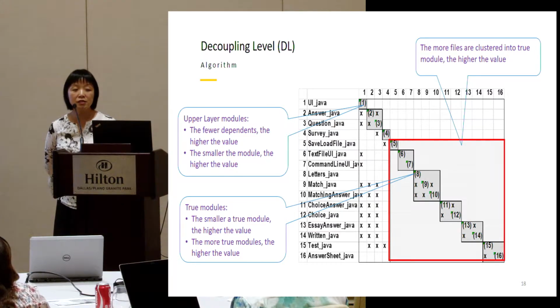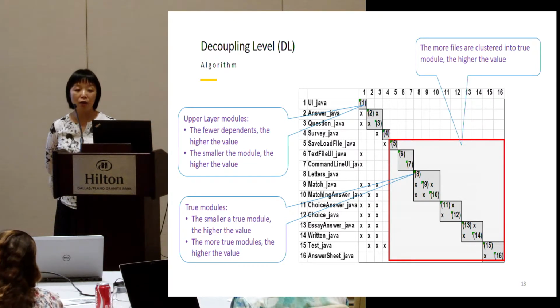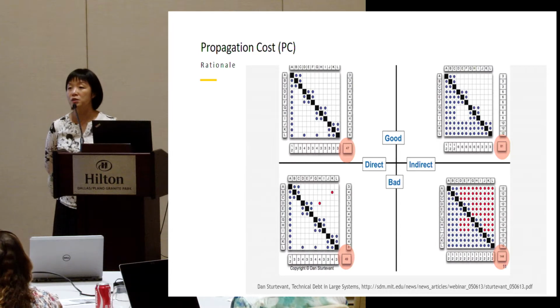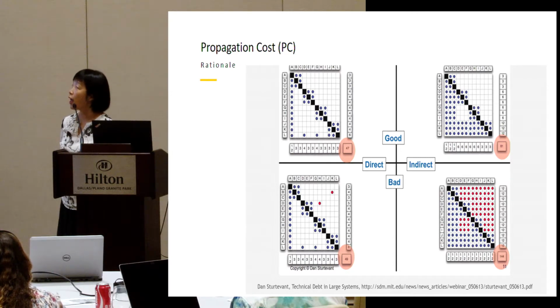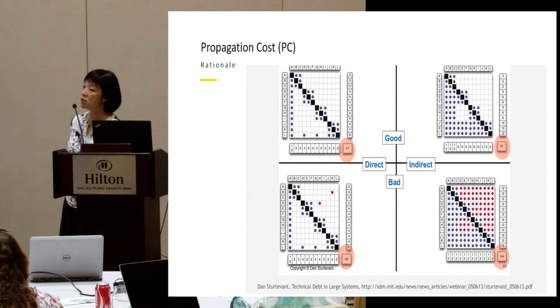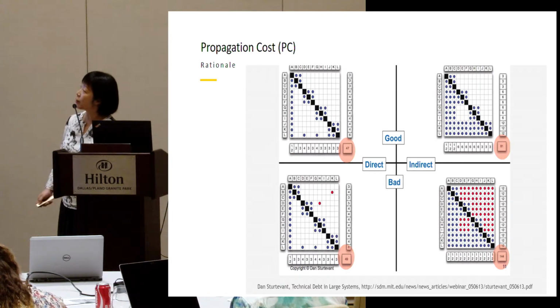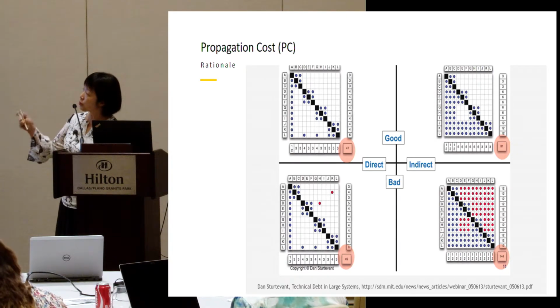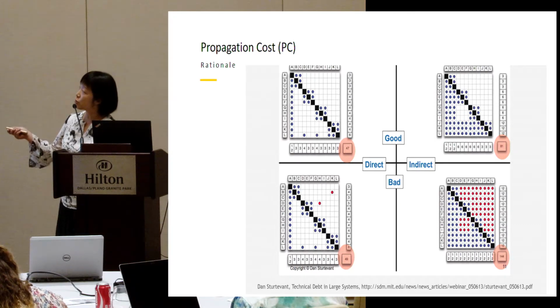And this is our decoupling level. In order to compare and contrast with existing metrics, we also use propagation cost, proposed by Harvard Business School researchers. The propagation cost is also based on design structure matrices, but the difference is that they calculate the direct dependency among the source code and then calculate all the possible indirect dependency among source code.